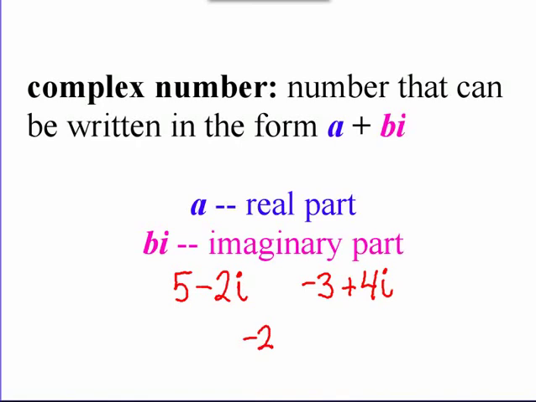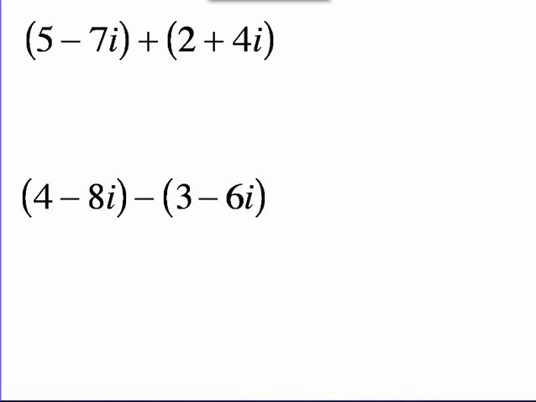Is that a complex number? No. What's the real part? What's the imaginary part? So anything is a complex number? Pretty much anything can be classified as a complex number because it could be written in the form. Okay, so anyway, just a little tidbit.